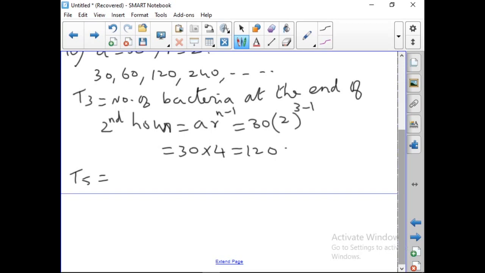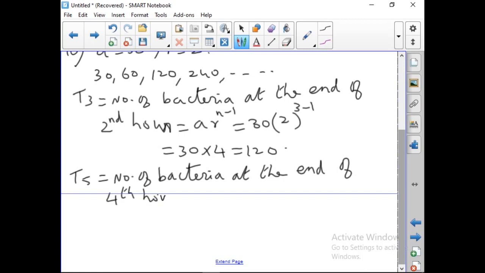So what about T5? At the end of the 4th hour, the number of bacteria will be a r power n minus 1, 30 into 2 power 5 minus 1.